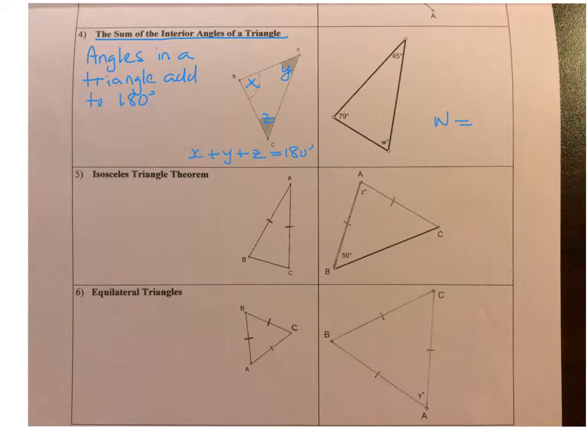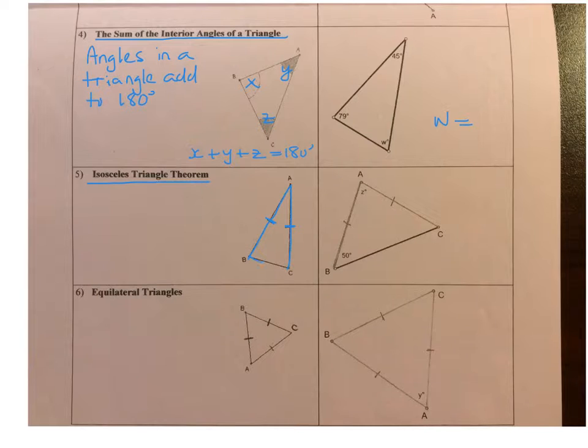Another thing that you should know from grade 8 is what an isosceles triangle is, and even before grade 8, these little hash marks on the triangle indicate that these two sides have an equal length. So side AB is equivalent to side length AC.